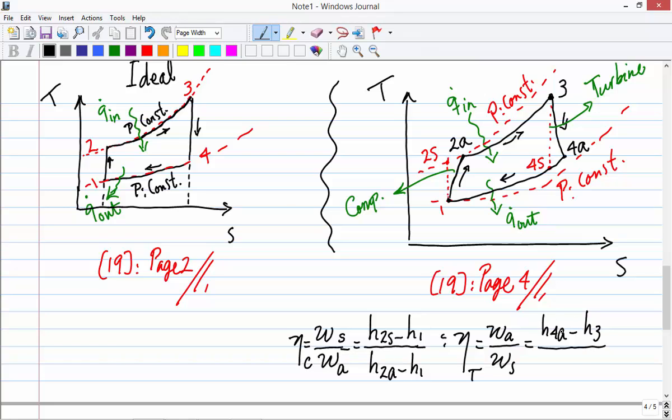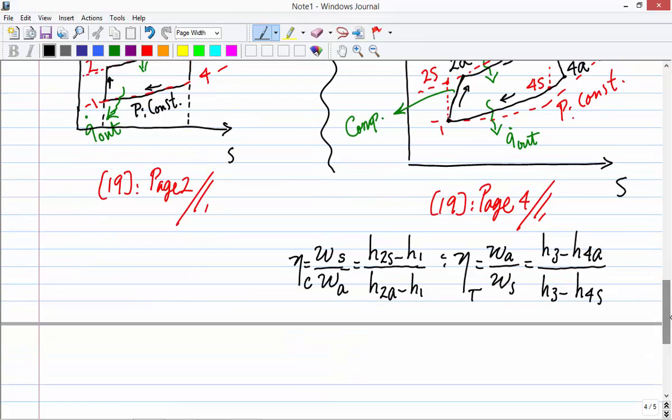Well, actually this is negative, so let me switch them. So that would be H3 minus H4A, because the enthalpy at point 3 is more than at 4. Divided by the isentropic process, 3 to 4S, so that would be H3 minus H4S. So in the turbine, enthalpy decreases, because the material, like steam or the gas, loses energy, because it's doing work on an external shaft.